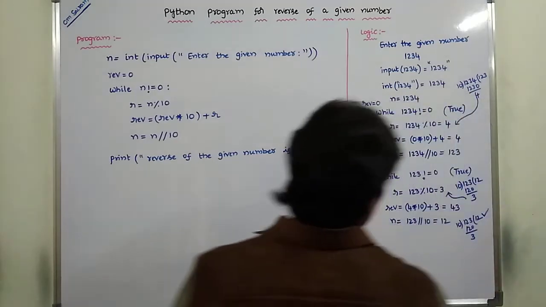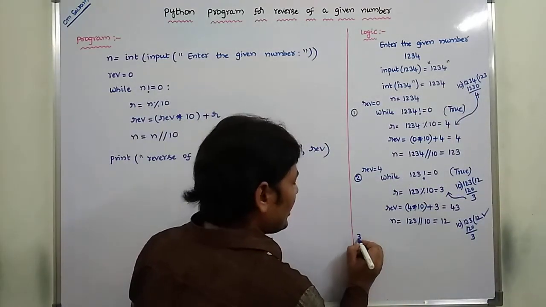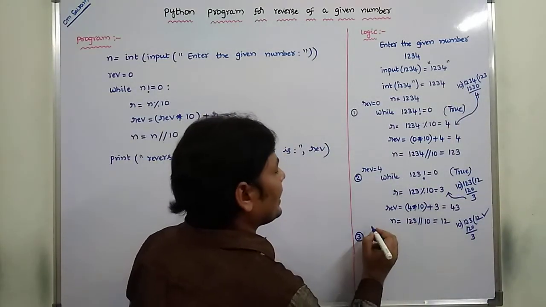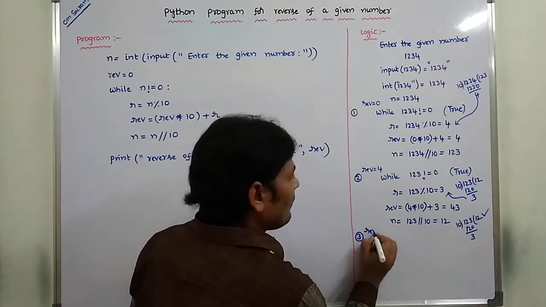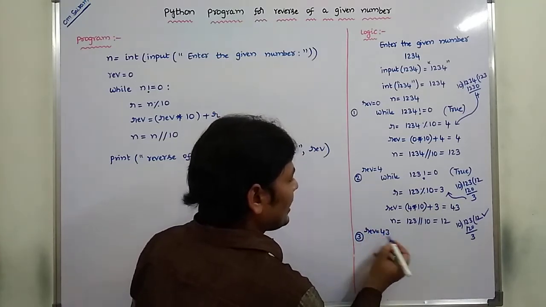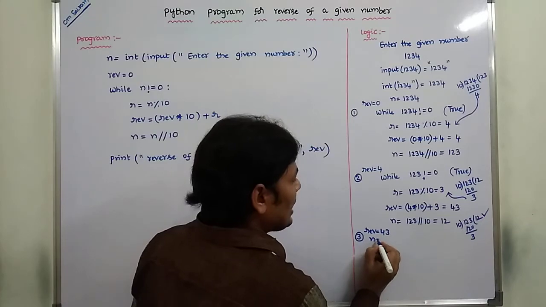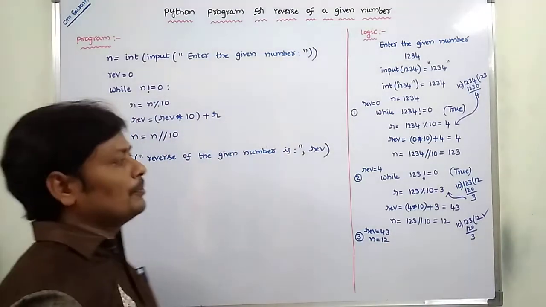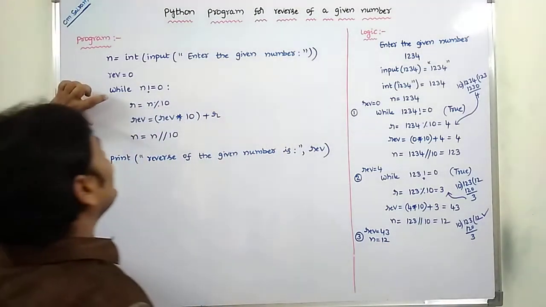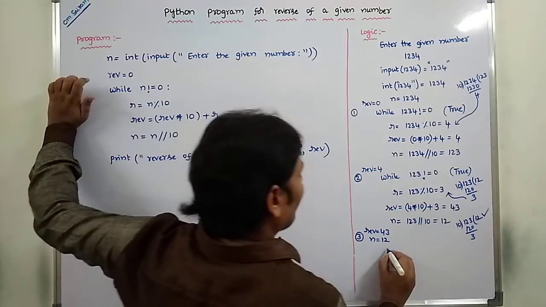After executing the second iteration, REV value is 43 and N value is 12. Now we go for the third iteration.